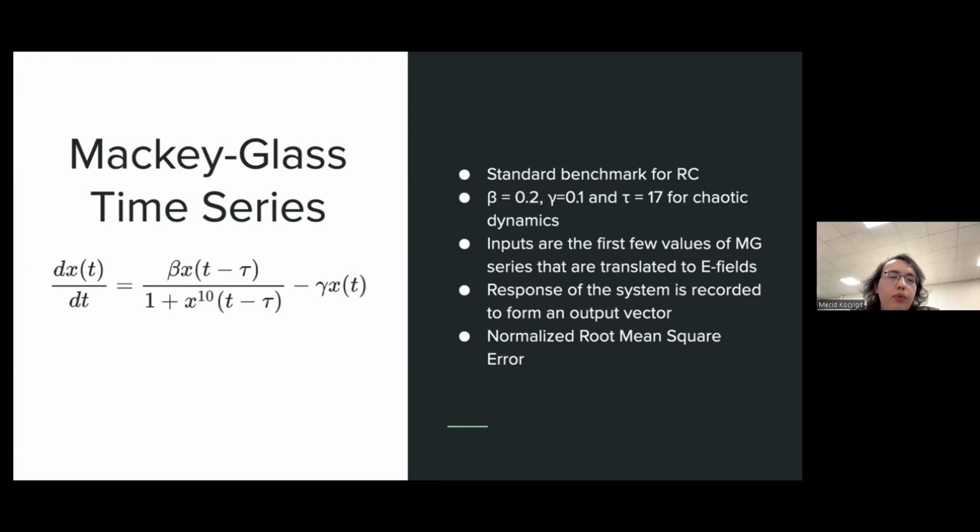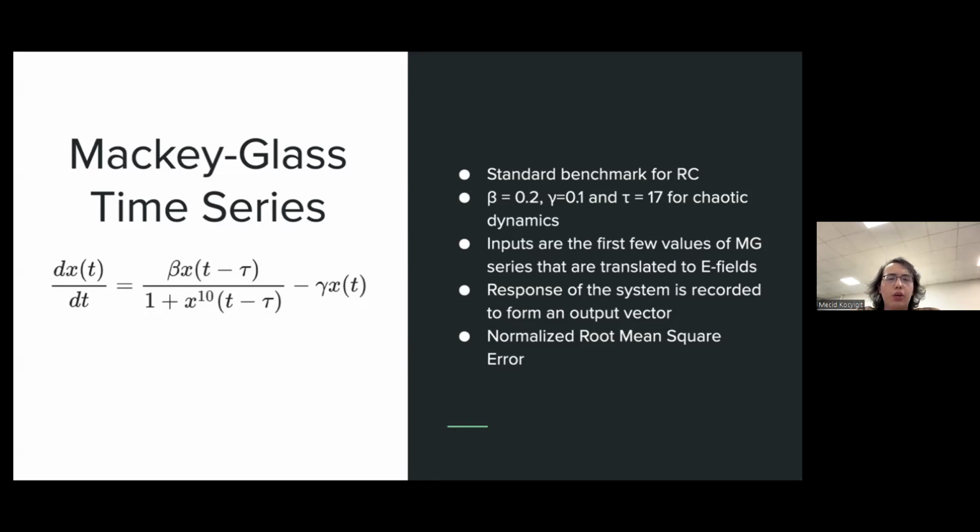The inputs of our reservoir computing device are starting points, the first few values of this MG series that are amplified and translated to electric fields and given to the system as voltages. And the response of the system is recorded to form an output vector.